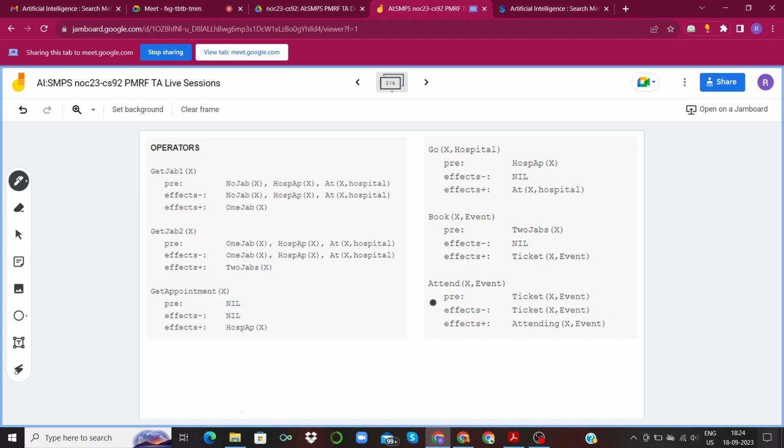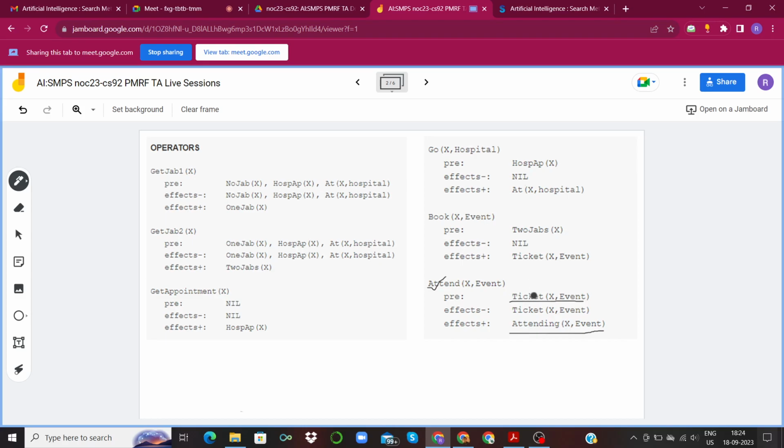And that happens to be attend x, event. So we would need to have something like attend Amol, event in order for us to have this as a positive effect, attending Amol, event. Now, in order to be able to apply this operator, attend Amol, event, we have a precondition that needs to be satisfied, and that is ticket x, event or ticket Amol, event, right?